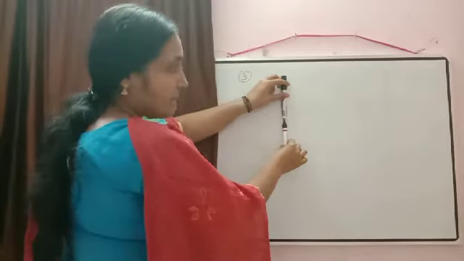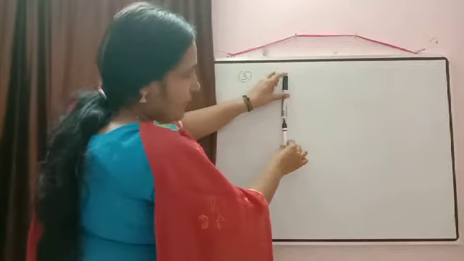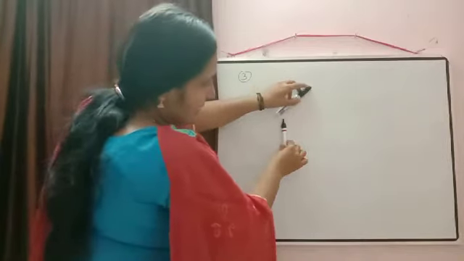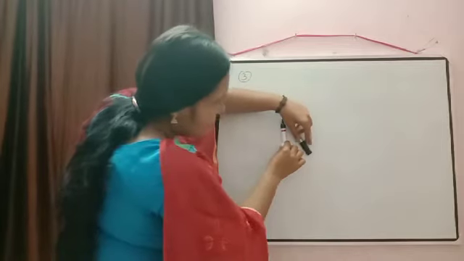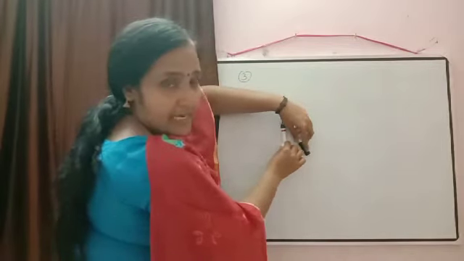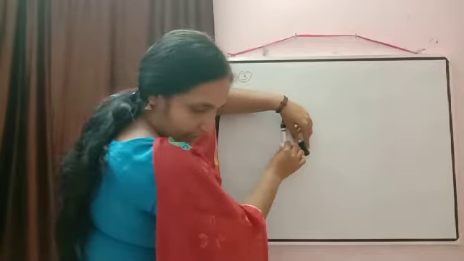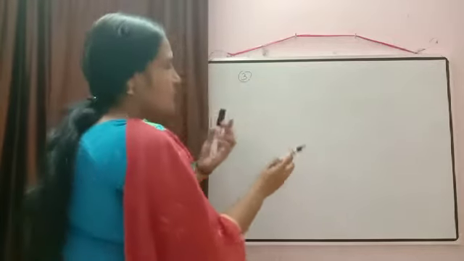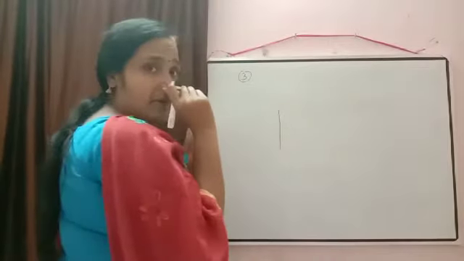Now the tree breaks due to storm in such a way that its top touches the ground. So obviously if it will come in this way only, the top of the tree touches the ground at an angle of 30 degree. So here this was the remaining part of the tree.